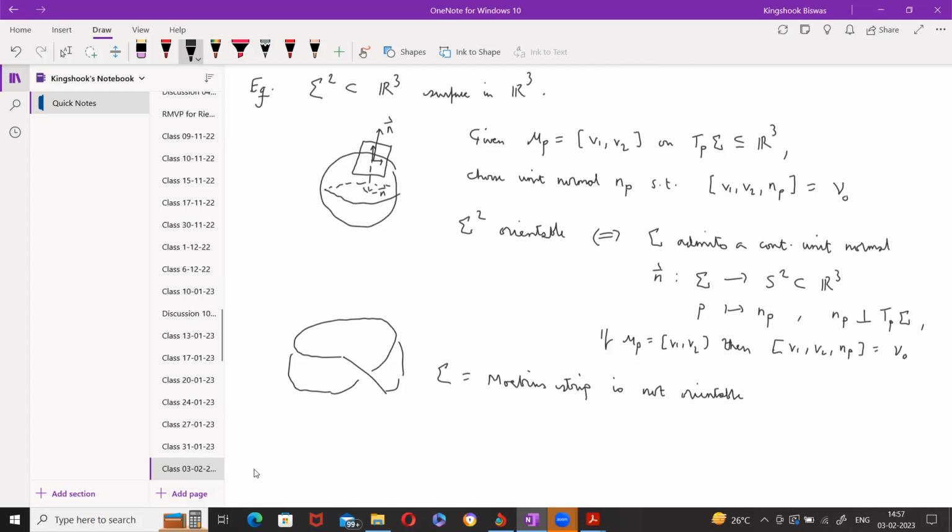Because if I start with a unit normal vector field here and move along a curve, and if this unit normal vector field is continuous, then along the curve it's continuous, but when I make a full circuit, I end up with the opposite unit normal from the one I started with, right? When I go once around the Mobius strip. So you can't have a continuous unit normal on the Mobius strip. Therefore, it is non-orientable. All right. Is this okay?